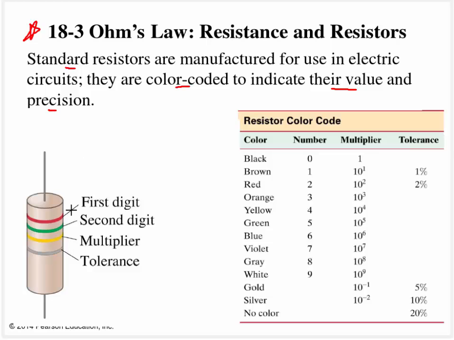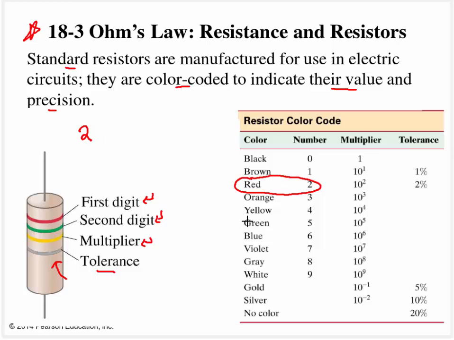As you look down a resistor, the bottom of it is usually going to be a gold or silver band. It's going to be the tolerance. On the opposite end, you're going to have a band that's the first digit, a band that's the second digit, and then the multiplier. So you can see right here that our first digit is red, and that tells us that the first number we want to write down is going to be 2.